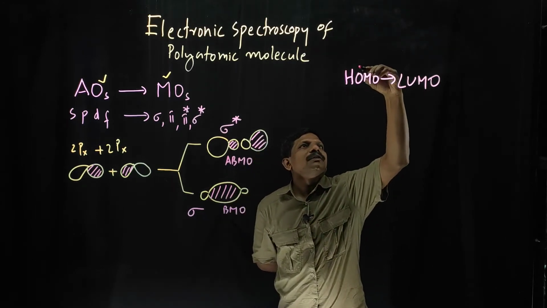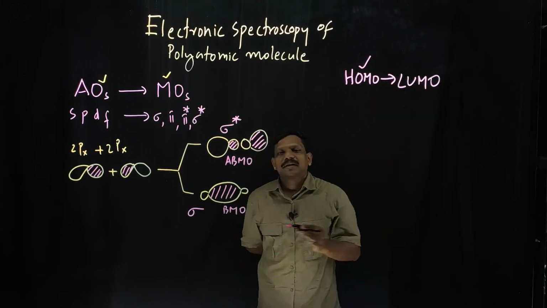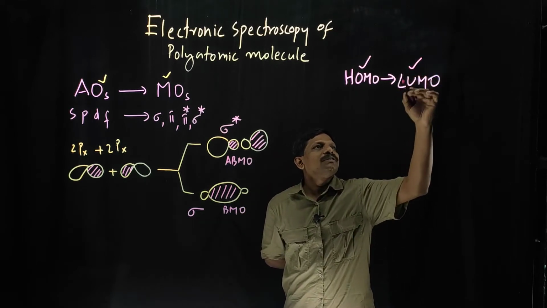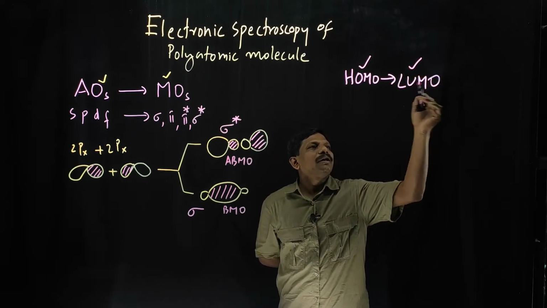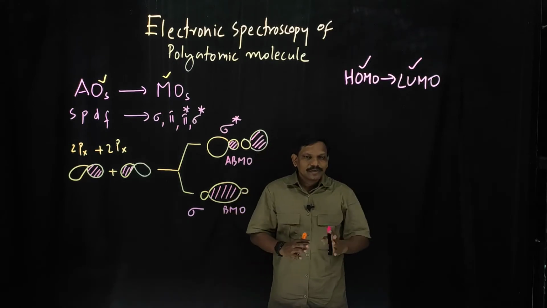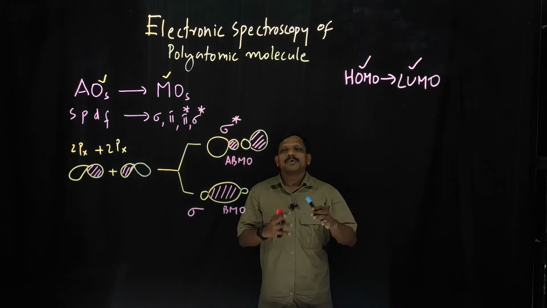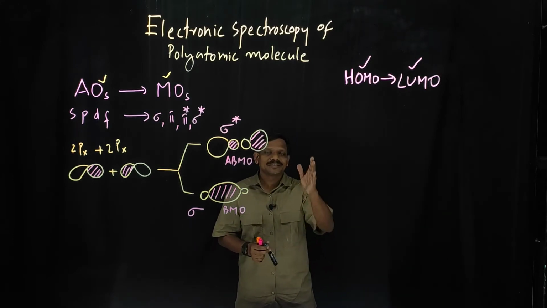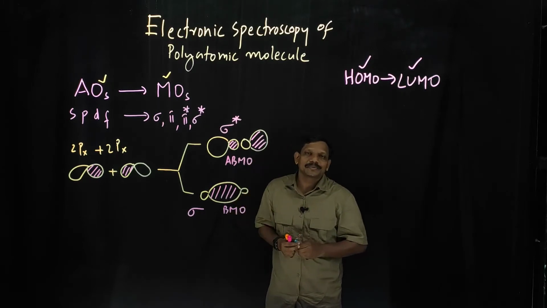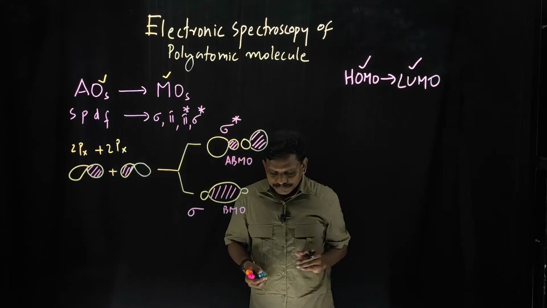HOMO means highest occupied molecular orbital. LUMO means lowest unoccupied molecular orbital. Generally all types of electronic transitions take place from HOMO to LUMO level. That is the first thing you have to understand when talking about the electronic spectroscopy of polyatomic molecules, HOMO to LUMO.